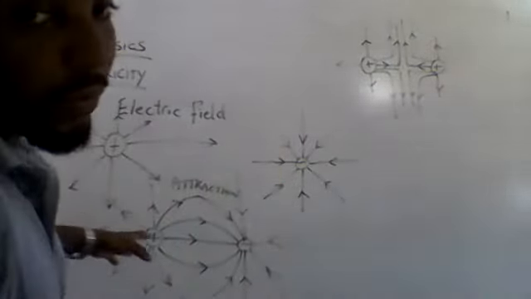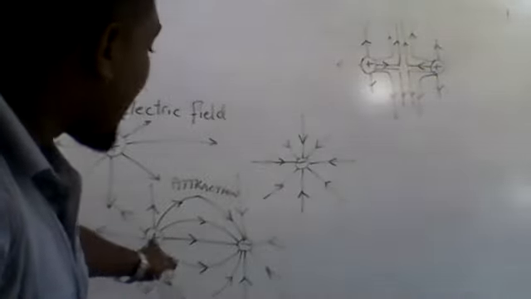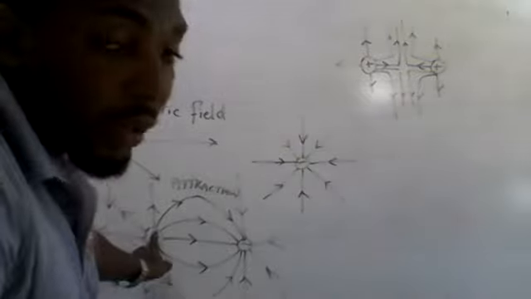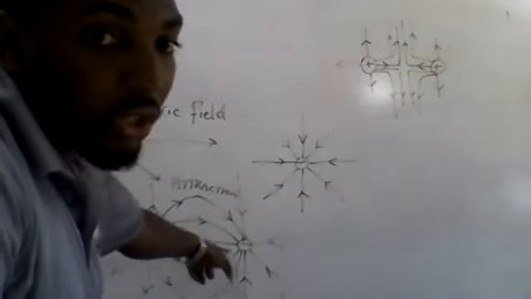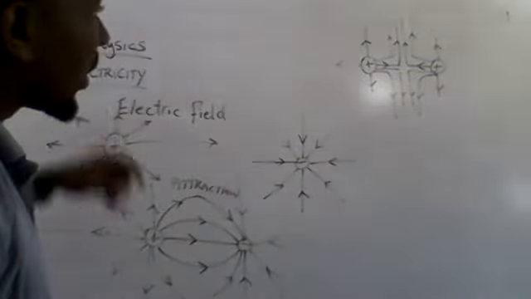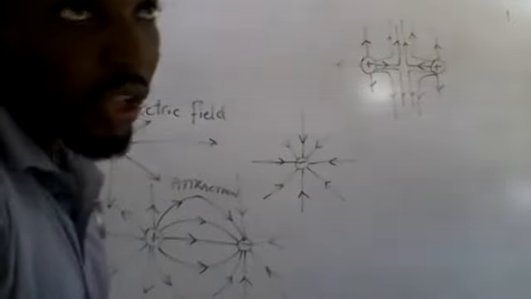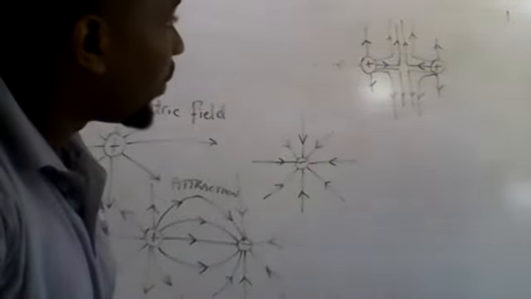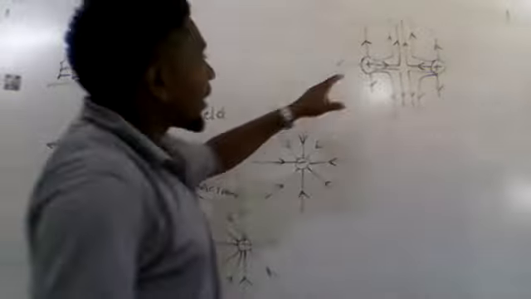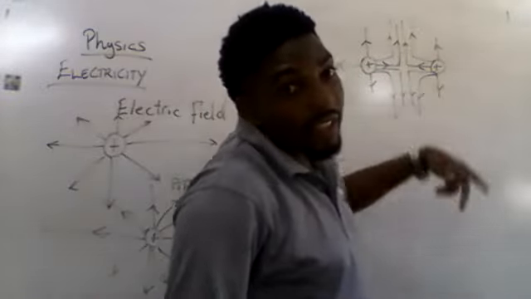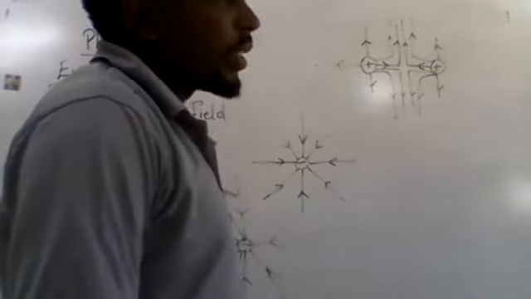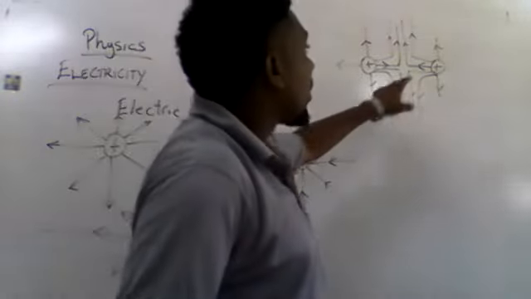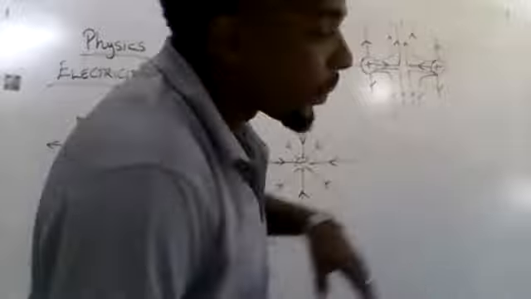In the case of unlike charges that attract, this is how they appear, where the lines flow directly from the positive charge into the negative charge. And in the case of repulsion, where you have two like charges very close to each other, the lines never intersect at any point. They flow away from each other, leaving a dead zone in the middle.